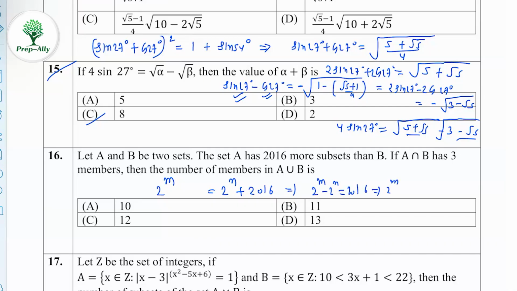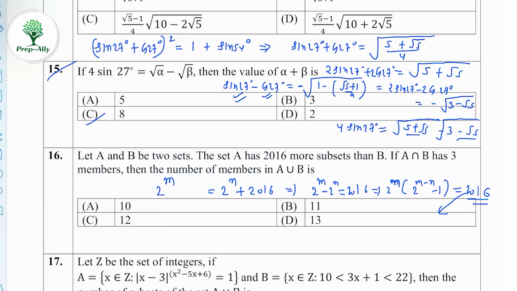So 2 power n you can take common. 2 power n into (2 power m minus n minus 1) is equal to 2016. So 2016 is simplified. You just have to factorize 2016. So 2016, what are the factors? How many times will 2 come?